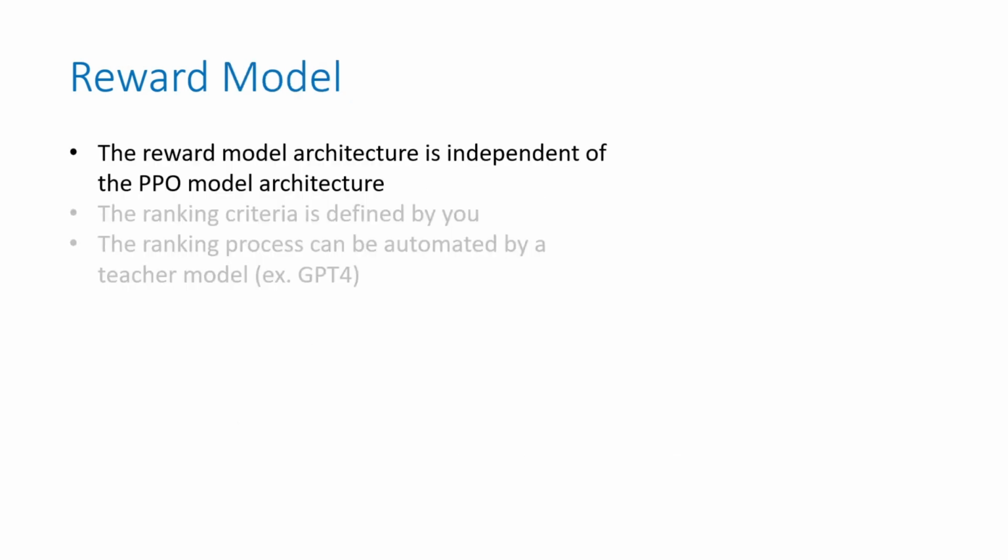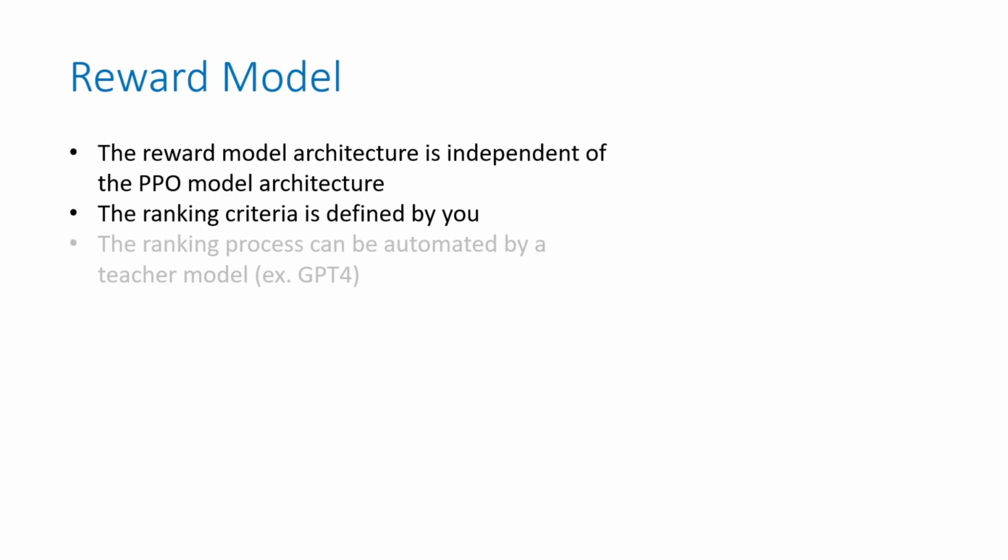There are several important notes about the reward model training. Firstly, the reward model architecture does not need to be the same as the main LLM of the PPO process. In fact, it is common to use a smaller model for the reward training since it can overfit sooner. Secondly, the basis of ranking can be as simple as a sentiment analysis or as complex as a feeling you have about a response and you can't even explain it.